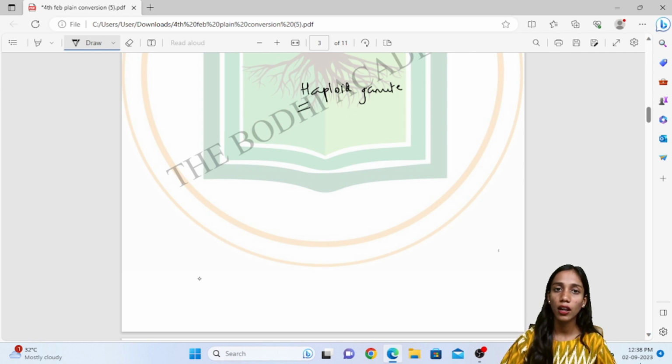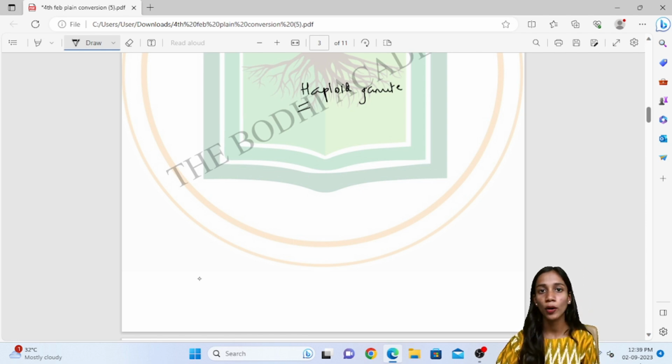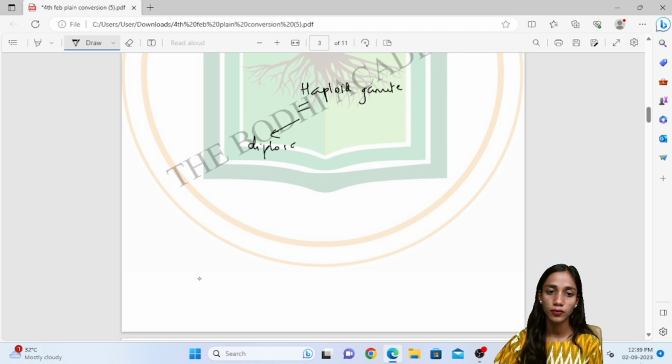Maybe the organism which is producing the haploid gamete is diploid, or the organism producing the haploid gamete is haploid.